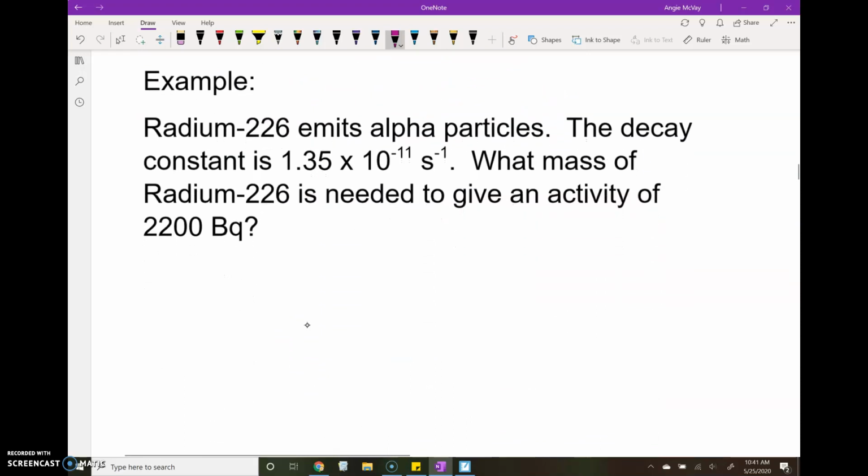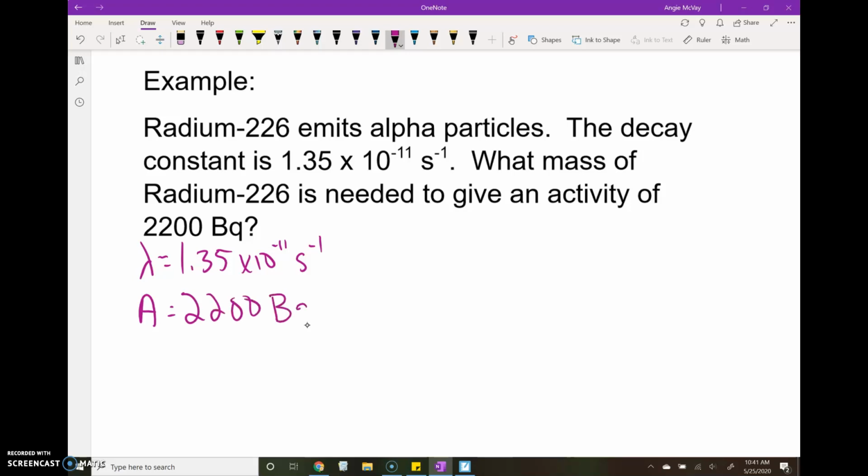All right, so let's do a quick example here. Radium-226 emits alpha particles. The decay constant is 1.35 times 10 to the minus 11 inverse seconds. What mass of radium-226 is needed to give an activity of 2200 becquerel?